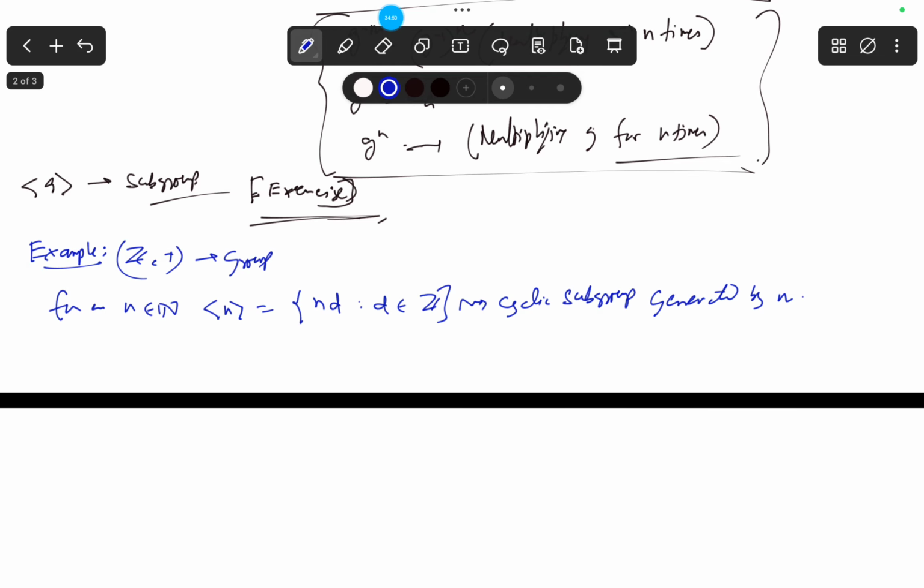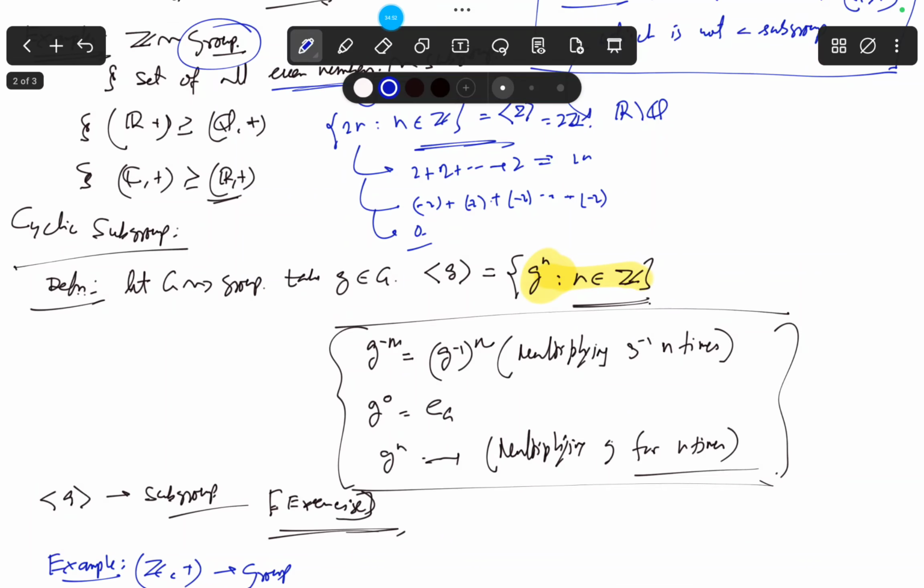Okay, and we can call this G to be a generator.